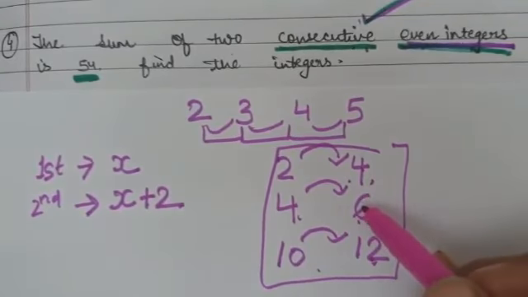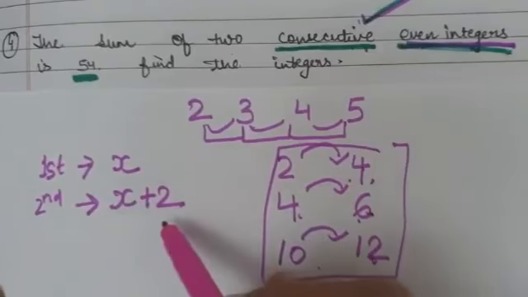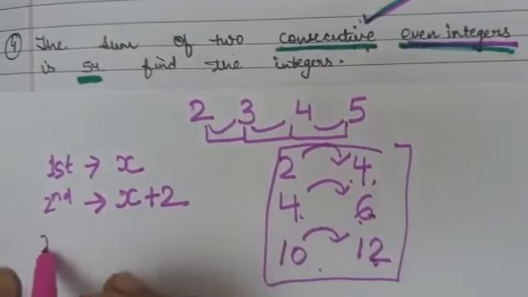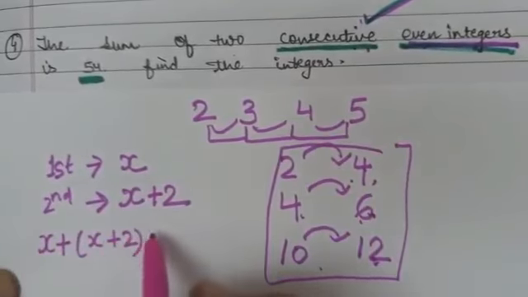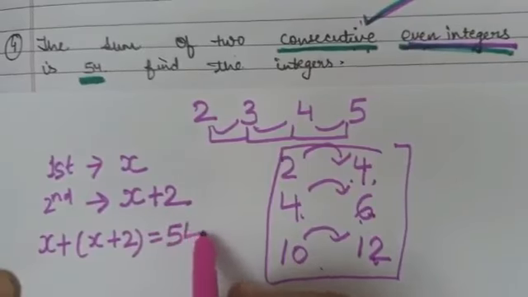Now the sum of two consecutive even integers, they have given 54.